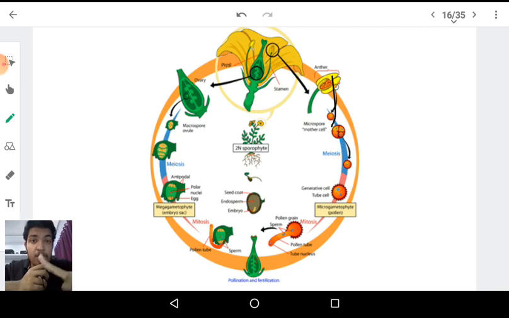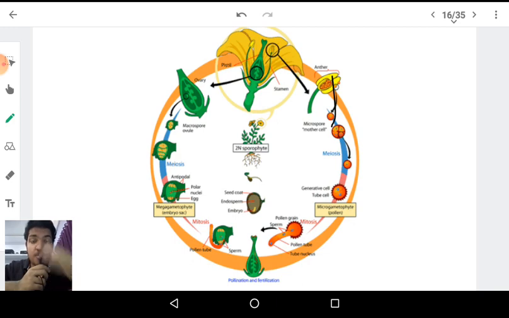A single pollen grain consists of two male gametes. One of these male gametes fuses with the egg and results in the formation of the zygote. This is known as syngamy, and another process is the fusion of one male gamete with the polar nuclei. That results in the formation of the primary endosperm nucleus, which is PEN, and that PEN is triploid.